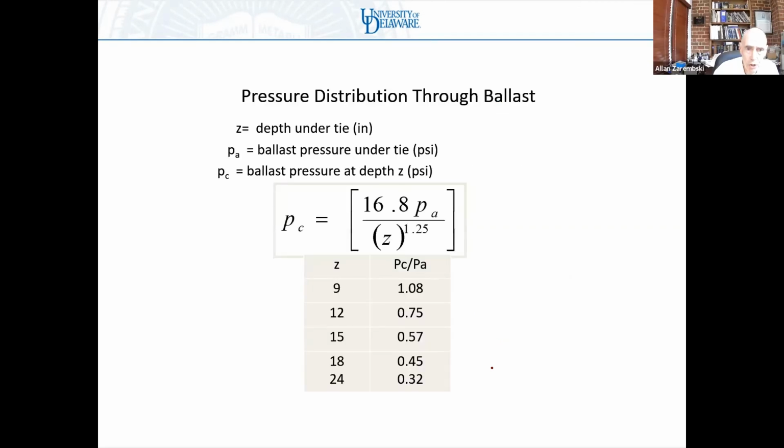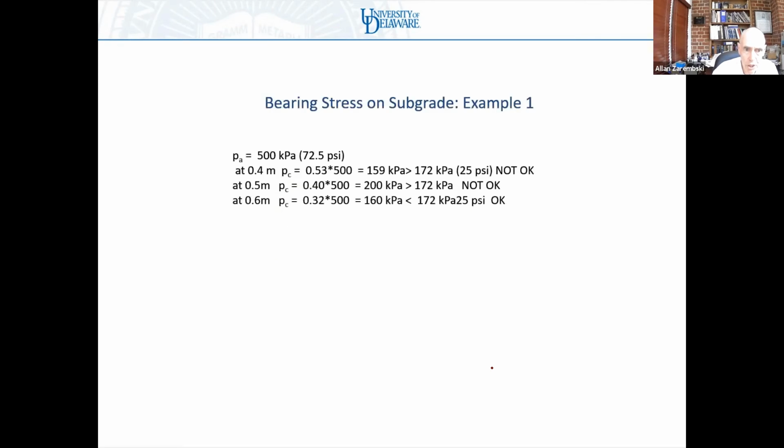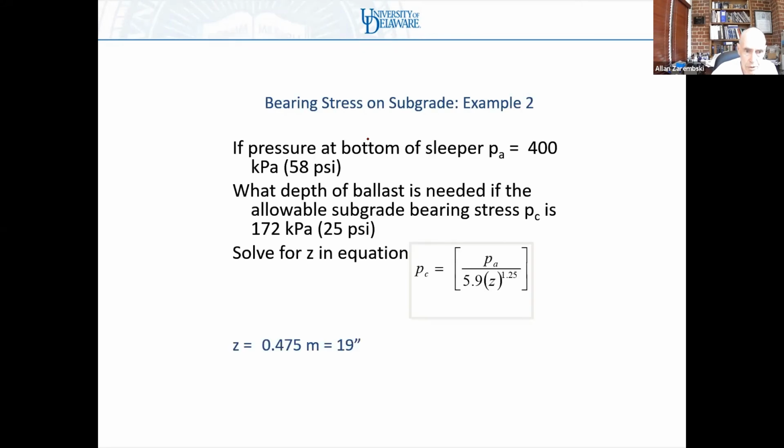So let's do an example. All right, let's do this example. If the pressure at the bottom of the sleeper is 400 kilopascals. Now remember how you get the pressure at the bottom of the sleeper.